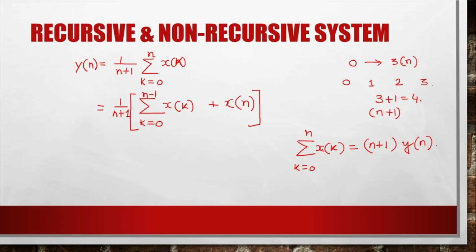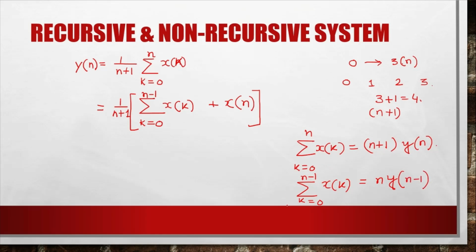Now, if I want the summation of x(k) where k ranges from 0 to n minus 1, what will it be? When it is n, it was n plus 1. So when it is n minus 1, it must be n. When it was n, it was y(n). So it will be y of n minus 1.